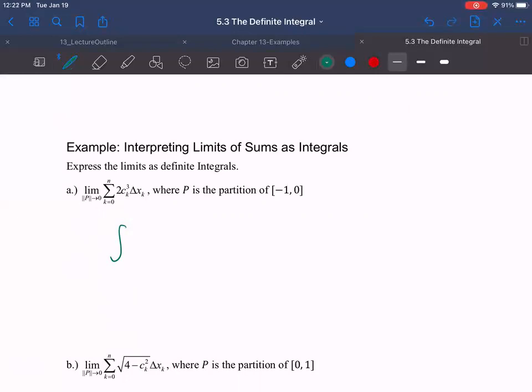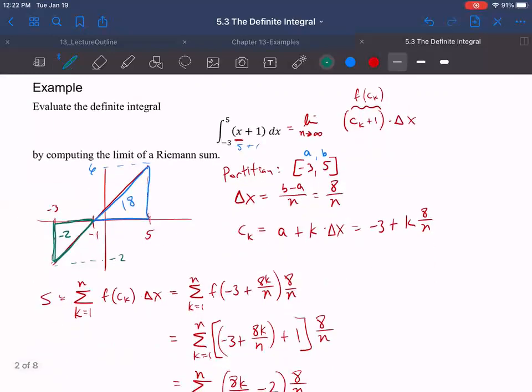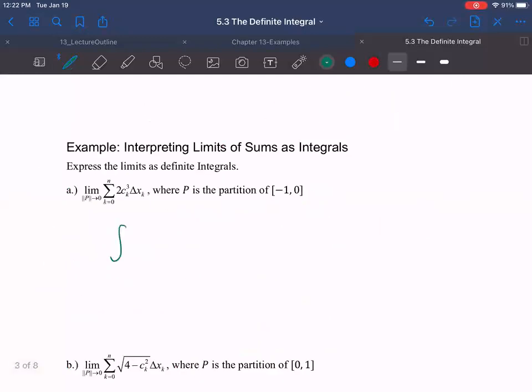ck is where we're plugging in our different values. Like if we go back to this one, we had x plus 1 and we ended up doing just ck plus 1, right? So if we come back over here, we have ck cubed. What is that going to be? x cubed. So this is 2x cubed.